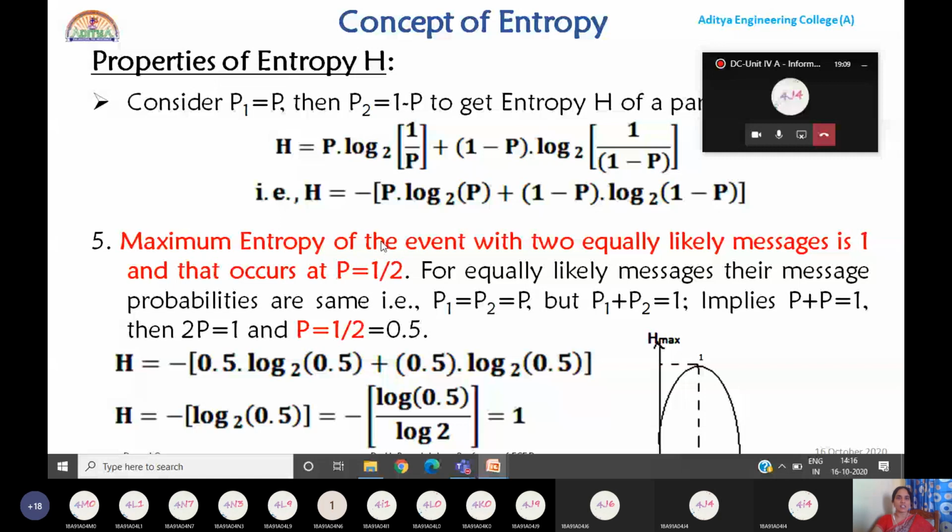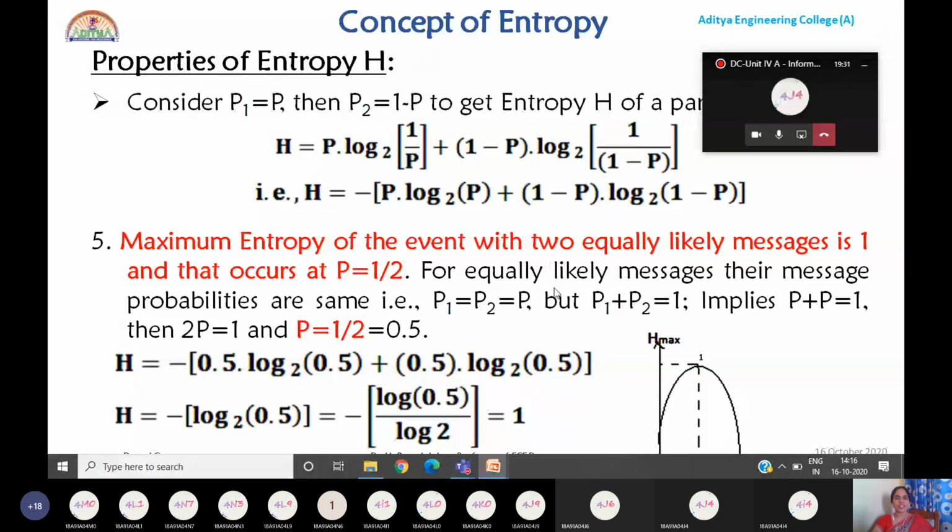We obtain H equal to P log 1 by P base 2 plus (1 minus P) log 1 by (1 minus P) base 2, or else you will get the negative sign: minus of P log P base 2 plus (1 minus P) log (1 minus P) base 2.